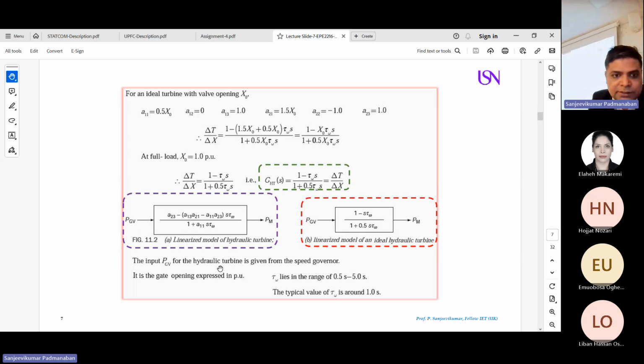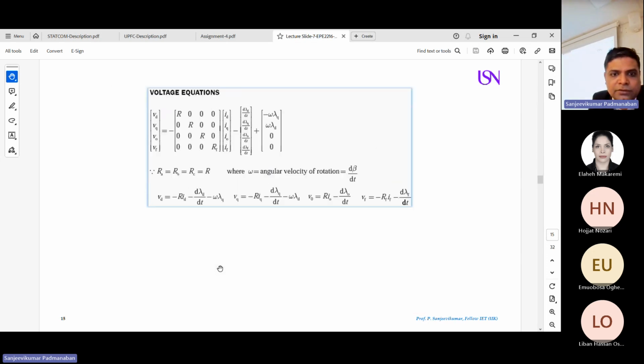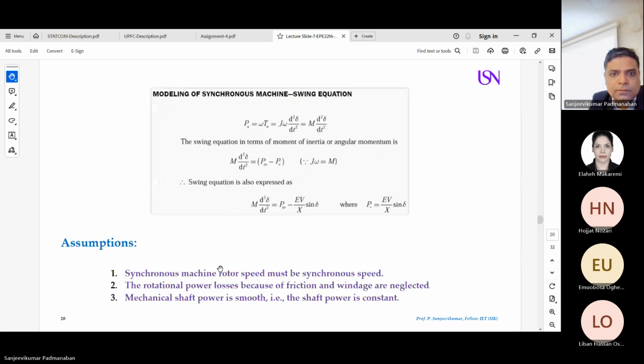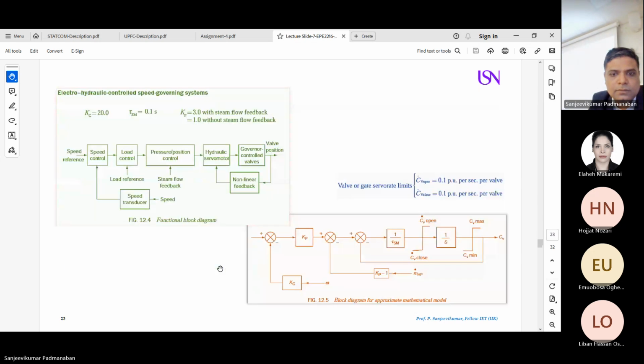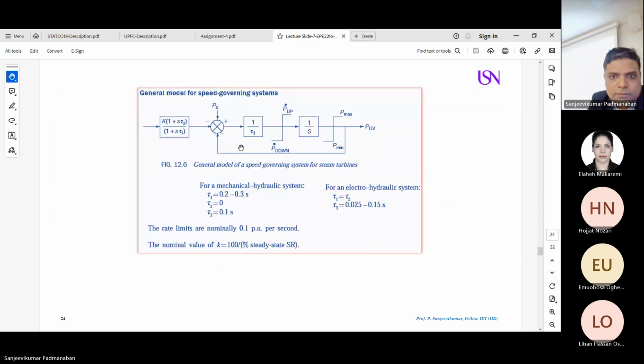So the same parameters we are feeding now here. Then we get this feedback compared with the P naught, which is the output power I required, which is integrated by an integrator, 1 by S, which is the tau3. You know the value of tau3, 0.1 seconds.